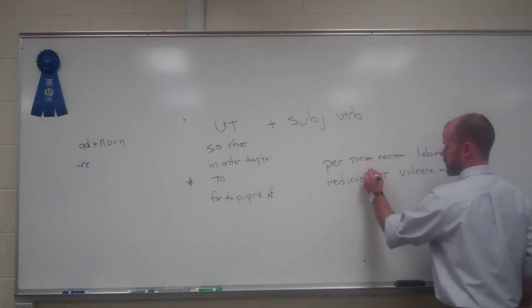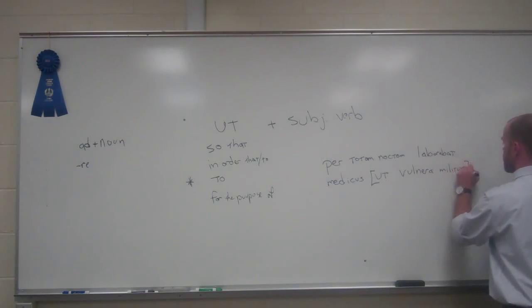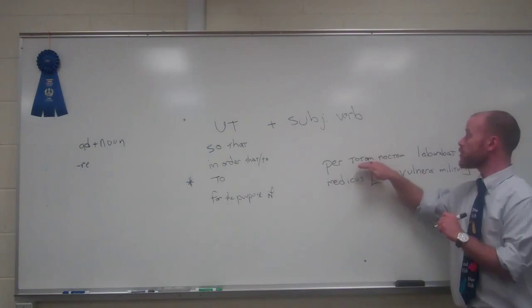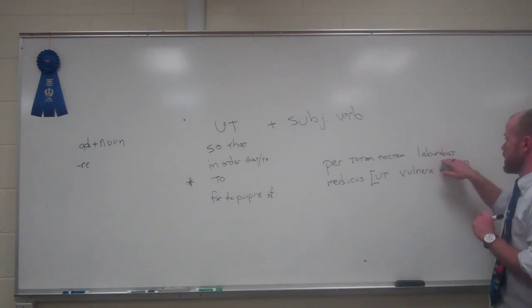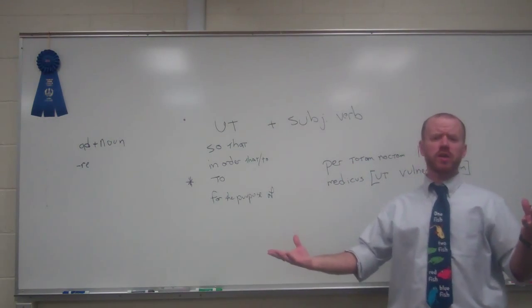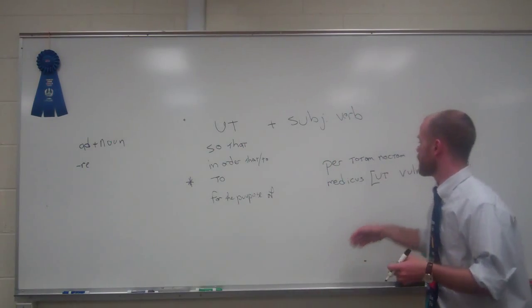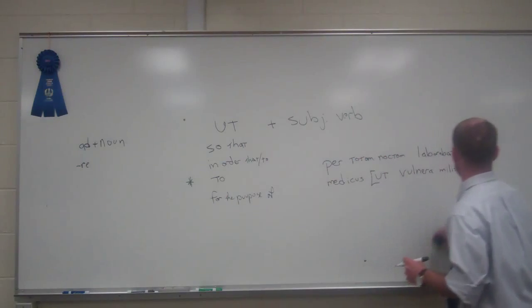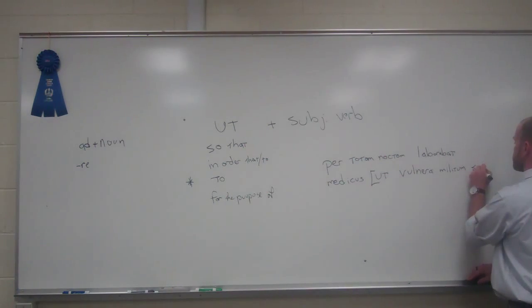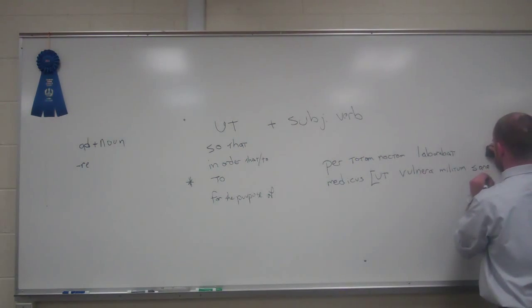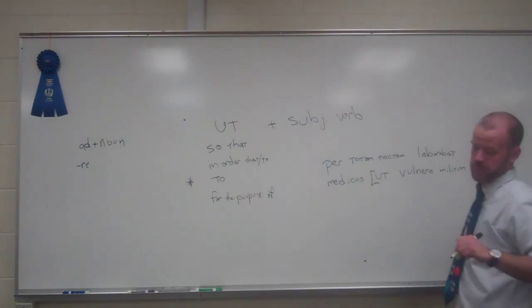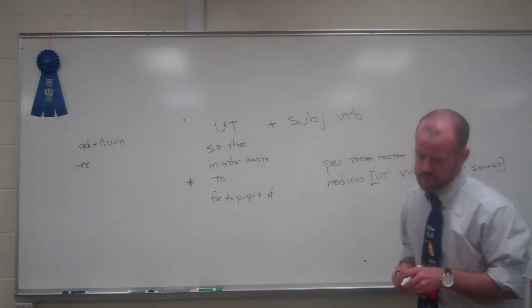All right, and so this is where our purpose clause begins. So we have the doctor was working through the whole night. All right, so he was working, and why was he working through the whole night? Why wasn't he asleep? He was working. Oh, I forgot the verb. Sorry, guys. There we go. That makes more sense now.